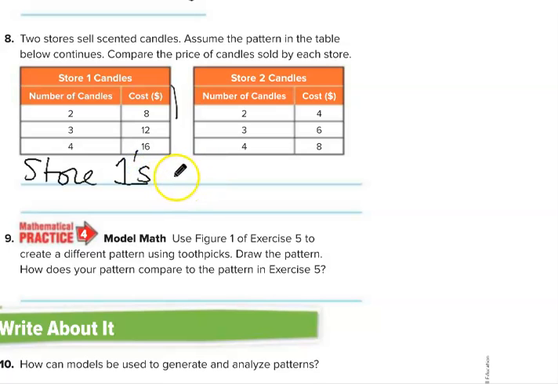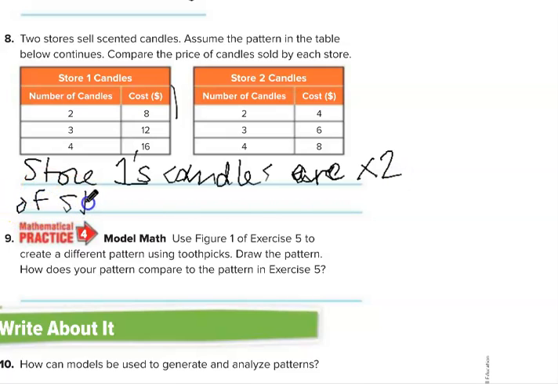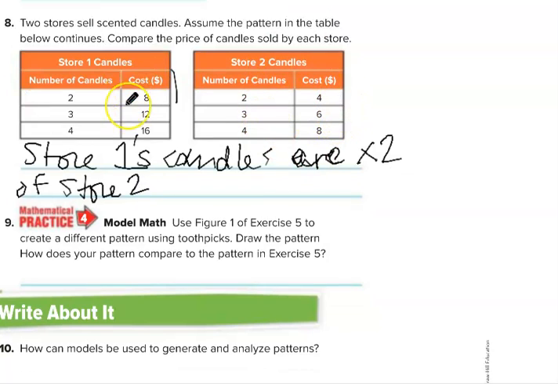Store number 1's candles are rare, double that of store 2. Or again, you could have said store 2's cost of the candles is half that of store 1's.